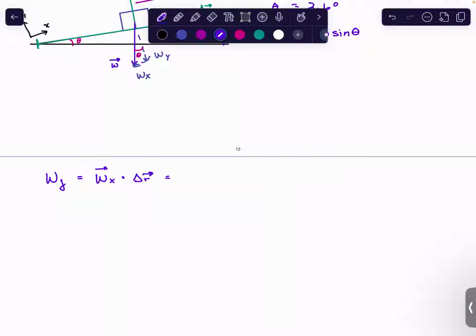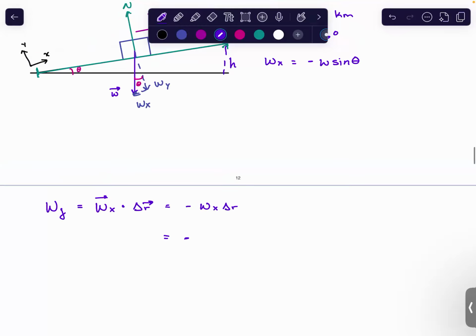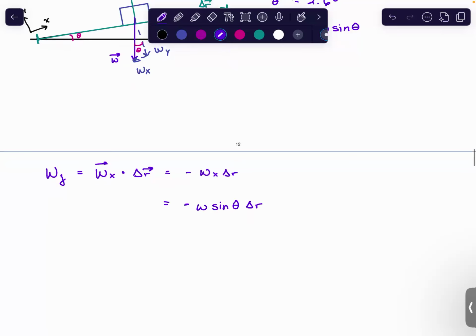So you could say that this is naturally going to be a negative: negative Wx delta r, which is negative W sine theta delta r. How do we deal with sine of theta?